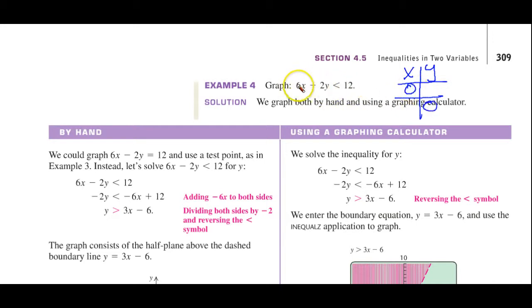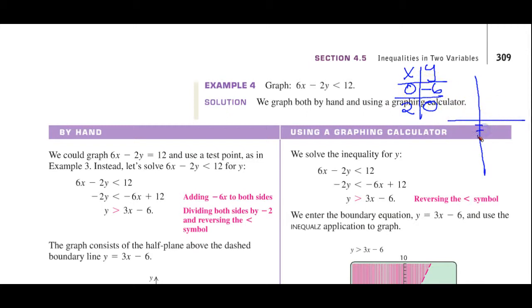So if x is 0, y is -6. This is 0. Divide both sides by 2. Now if y is 0, this is going to be a +2. So now I can make my graph.